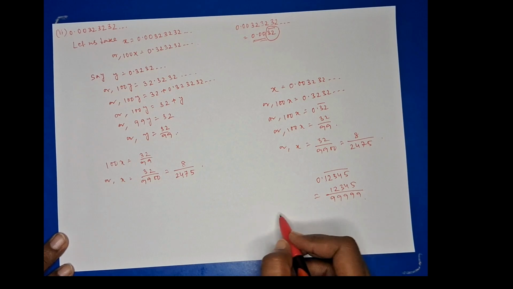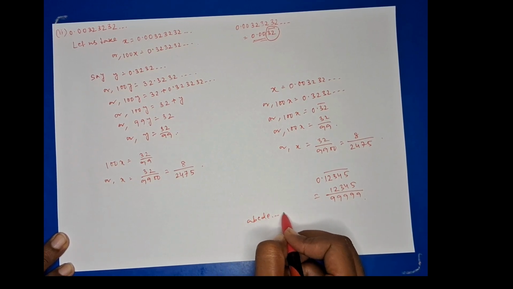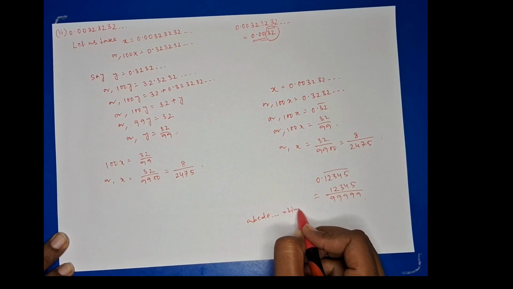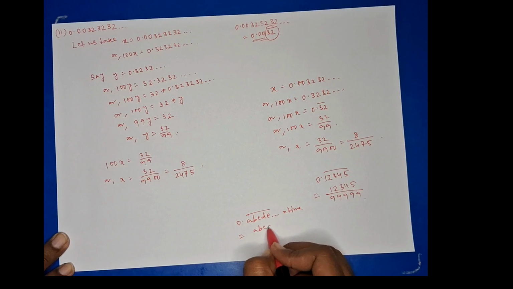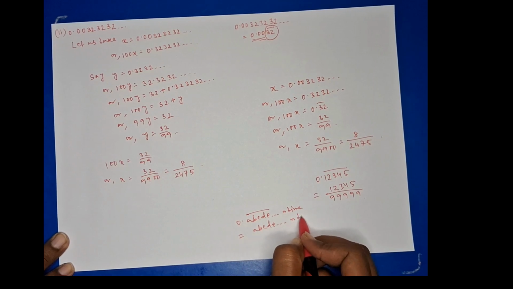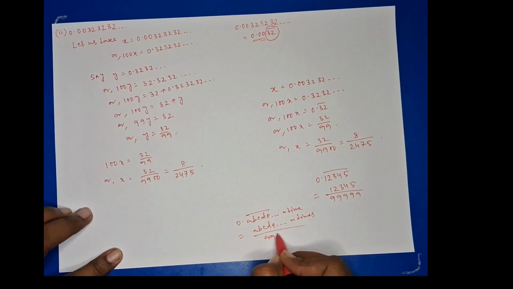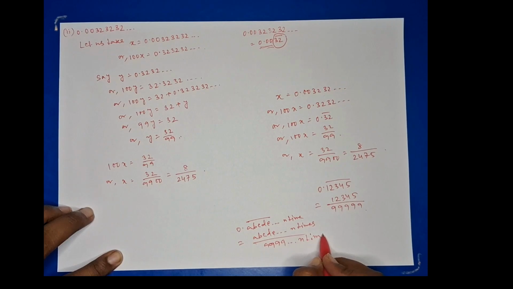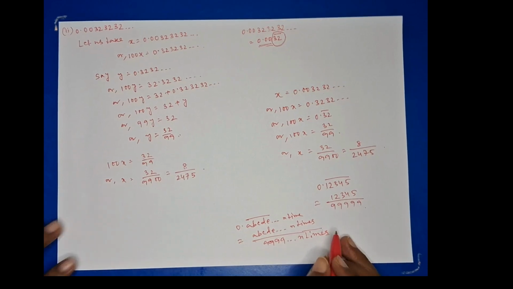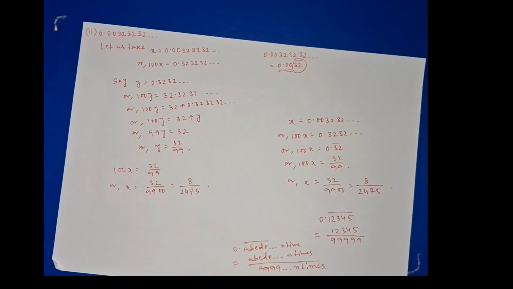Similarly, if it is a b c d e dot dot dot with n digits repeating, bar 0 point, it will be a b c d e dot dot dot n digits by 9999 dot dot dot n times. We have discussed it in earlier classes also. Okay, so we have completed the second problem.